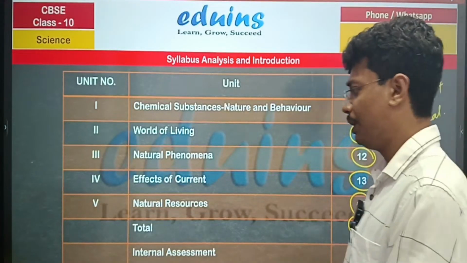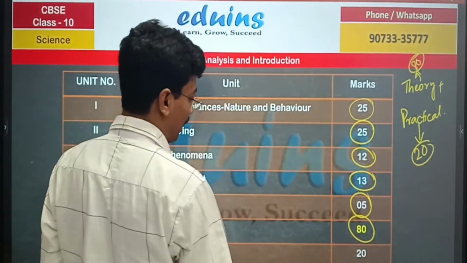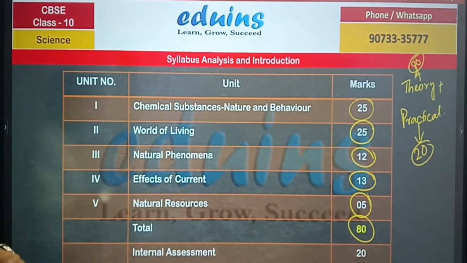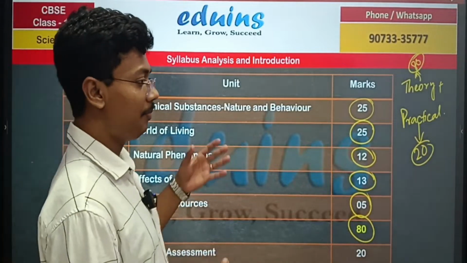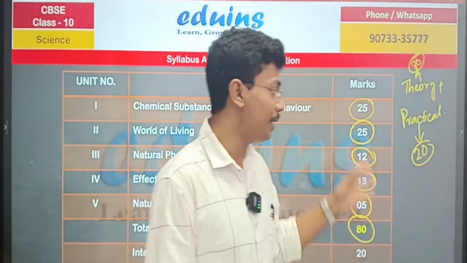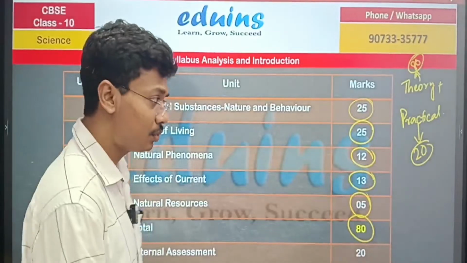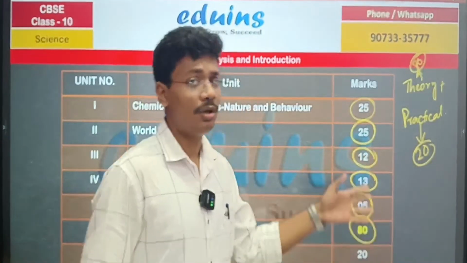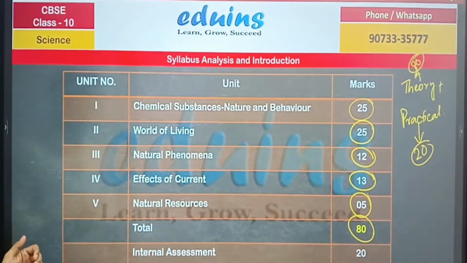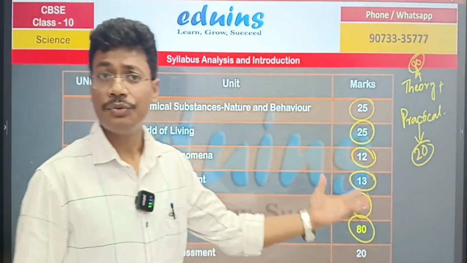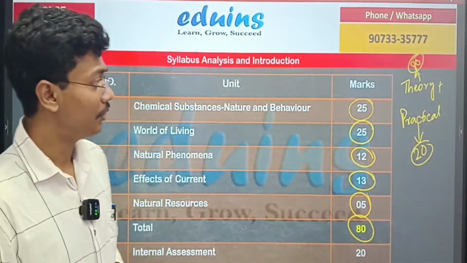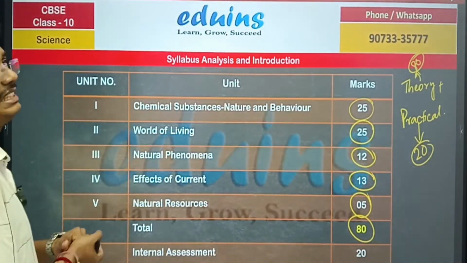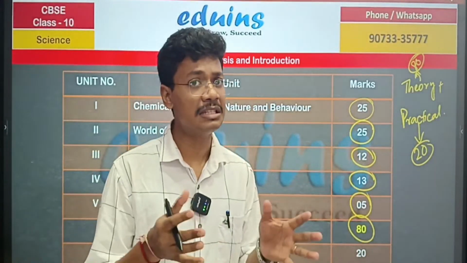So as a total, that is 100 marks. For your board exam, the paper exam, you have to appear out of 80, and in your practical or internal assessment, you will get 20 marks. You have to appear for that too.